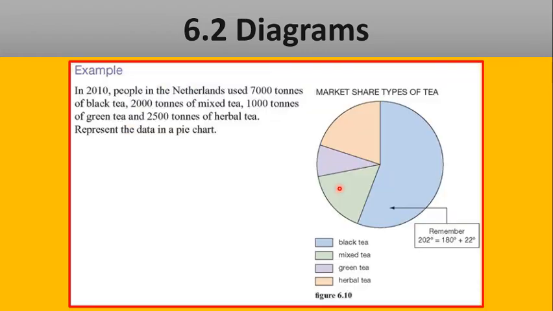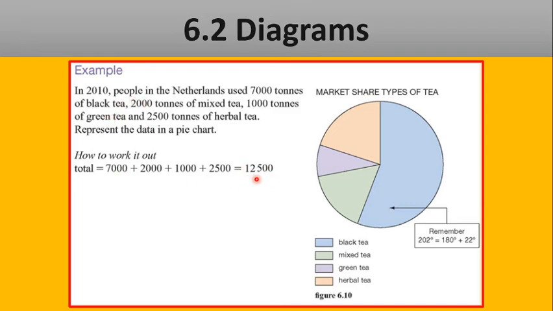Right. So for example, here they want you to represent the data in a pie chart. And remember, you do not know this part, right? So what you're going to do first is add up all the tea. This is called tea, so calculating all the tons of tea together.